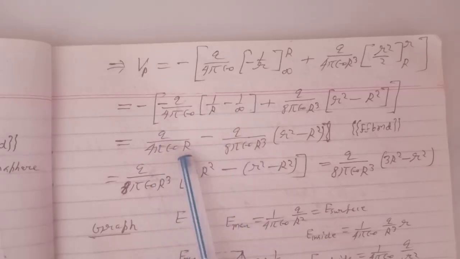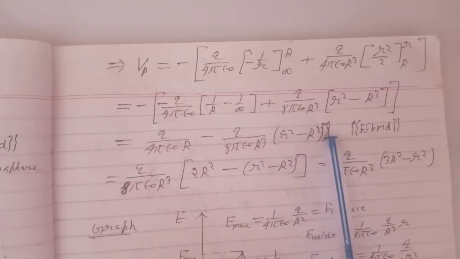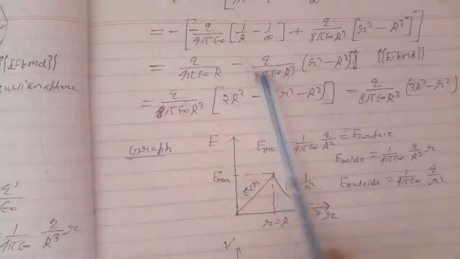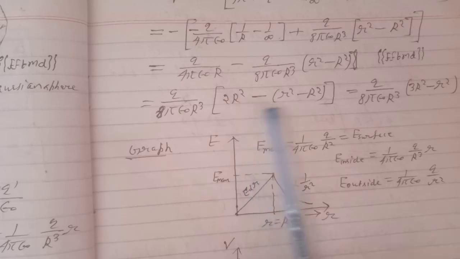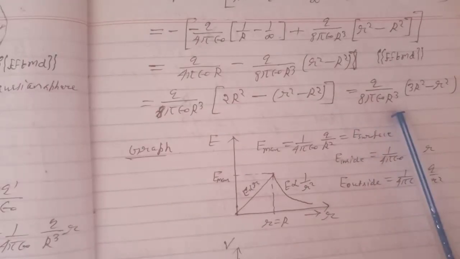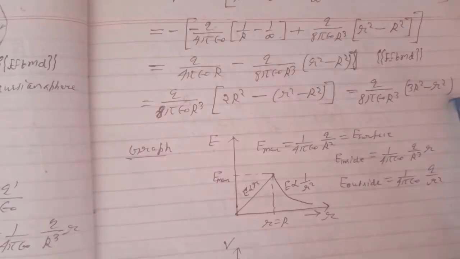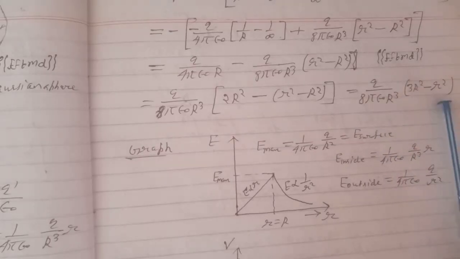So q by 4 pi epsilon naught R minus of this value, q by 8 pi epsilon naught R cube into r square minus R square, or q by 8 pi epsilon naught R cube, taking this value common, here will be 2 R square minus under bracket r square minus R square, or q by 8 pi epsilon naught R cube into, this will be minus minus plus and this will be minus, so 3 R square minus r square. So this is the potential inside the insulating sphere, given by q by 8 pi epsilon naught R cube into 3 R square minus r square.